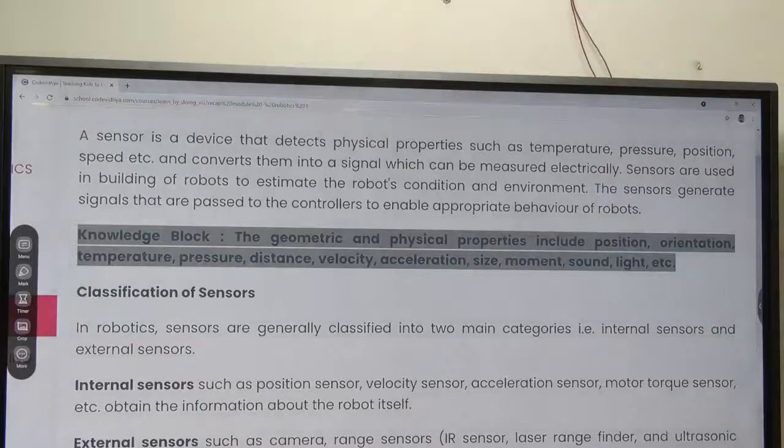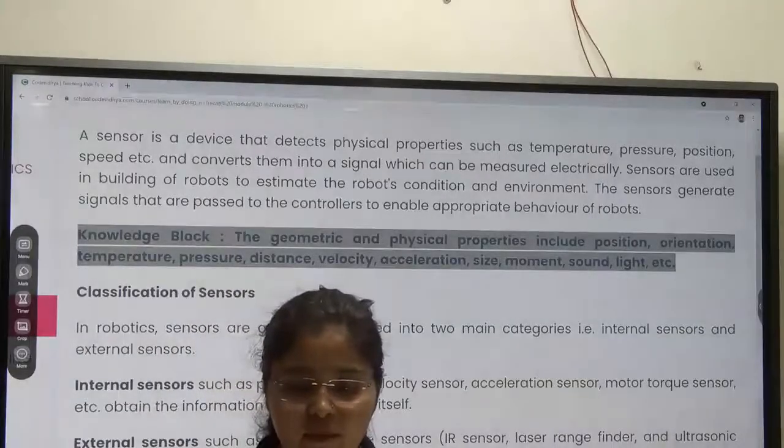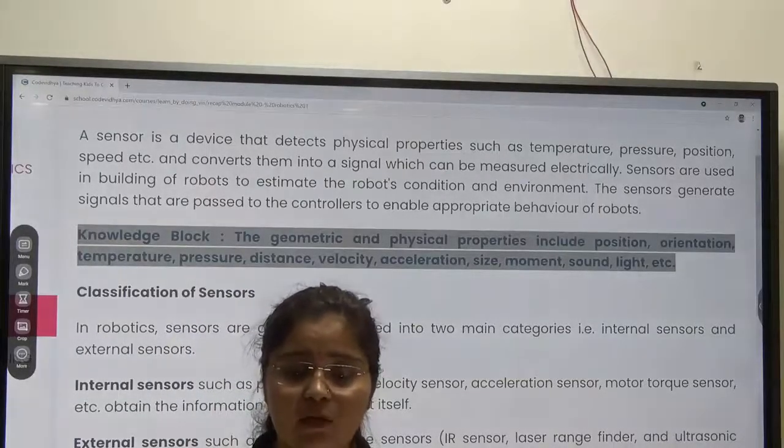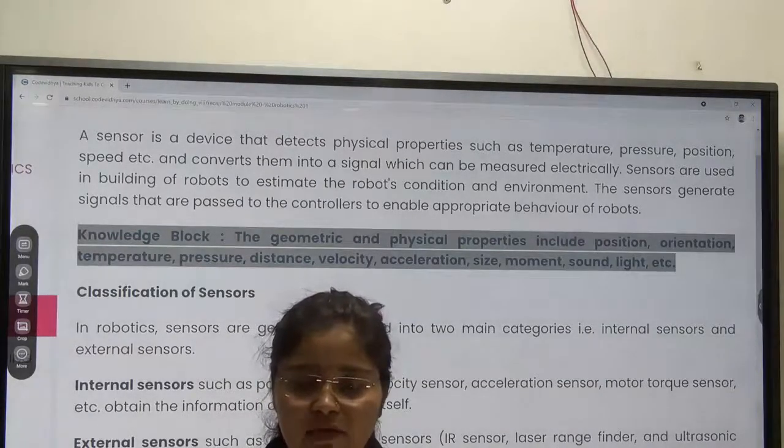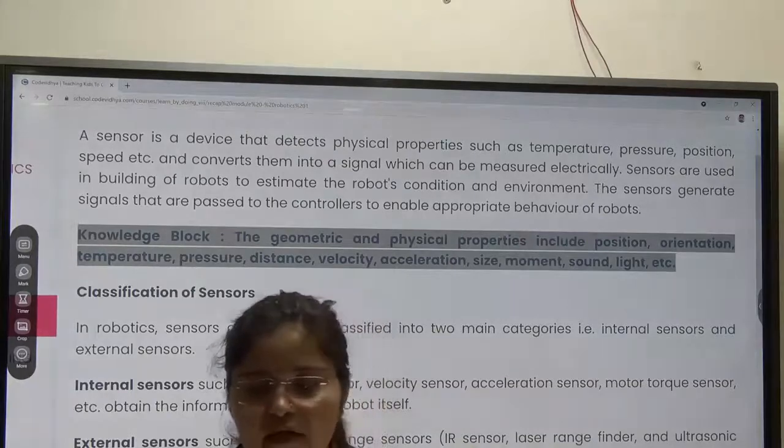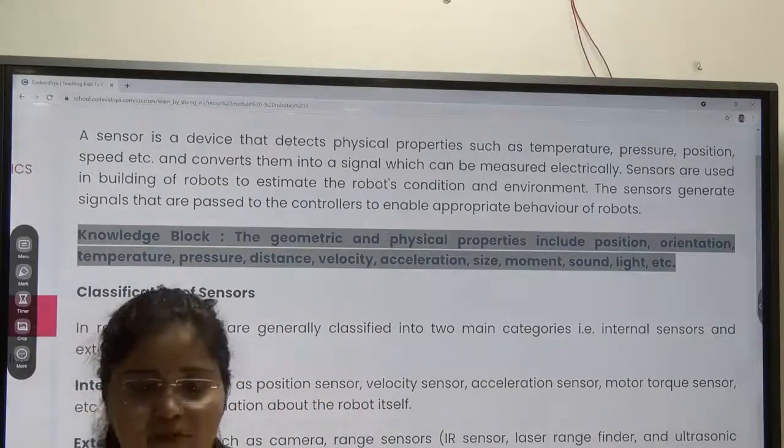The sensors generate signals that are passed to the controllers to enable appropriate behavior of robots. Knowledge block. The geometric and physical properties include position, orientation, temperature, pressure, distance, velocity, acceleration, size, moment, sound, light, etc.